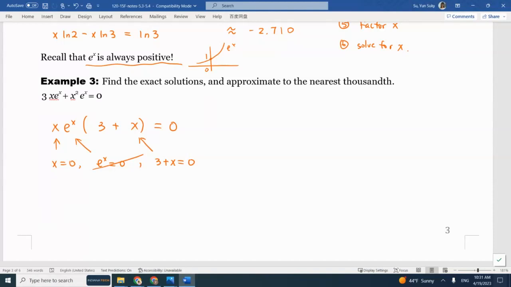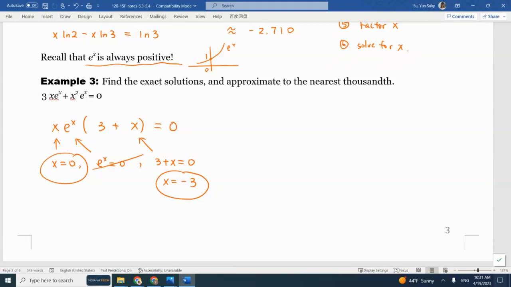So we get x is 0, and then how about this? Haley, x equals, yeah, -3. So that's why we have 2 solutions, 0 or -3. It's not possible because it's only positive. Exactly. Right, everybody?